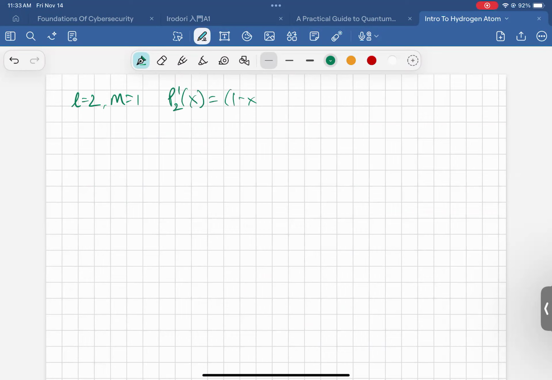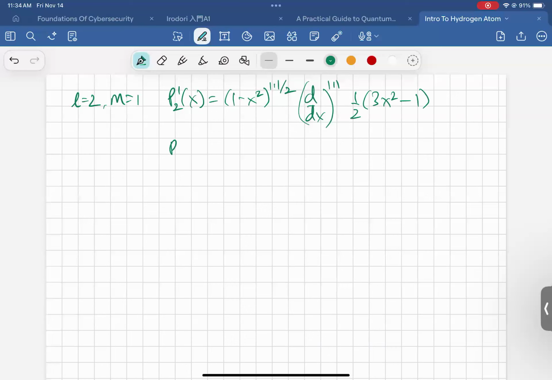So 1 minus x squared, and then remember this is absolute value ng M, which is now 1, and then second derivative... I mean the derivative, absolute value ng M, tapos PL of x, so P2 of x. Ang P2 of x is 1 half, tapos 3x squared minus 1.